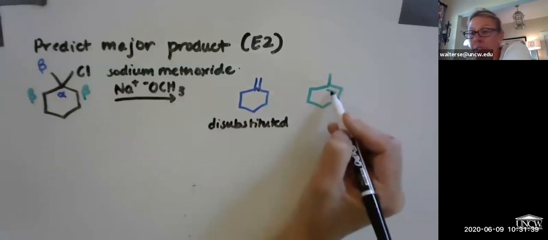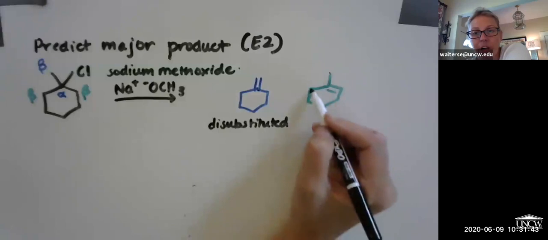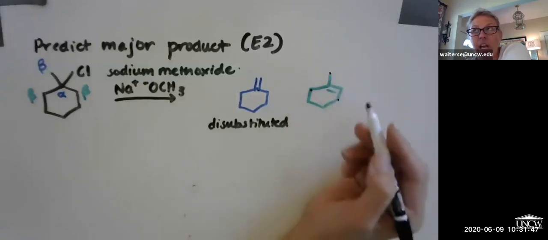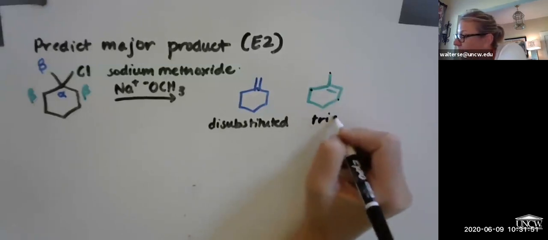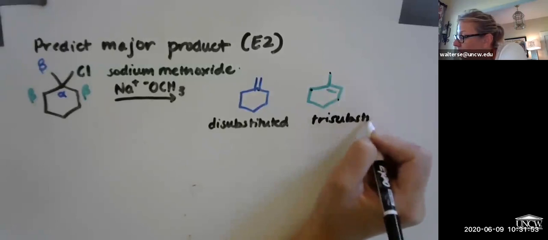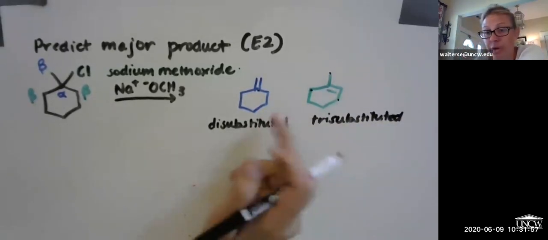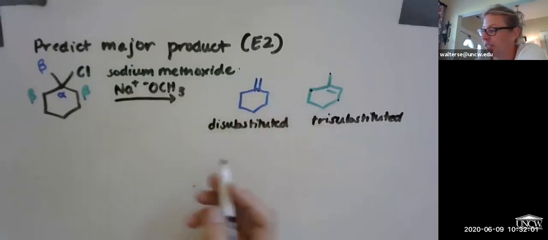So this is a di-substituted product. The green pi bond has an R group here, an R group here, and an R group here. There's 3 allylic carbons, so this is tri-substituted. So there is chemistry going on in here. We end up with 2 different substituted alkenes.